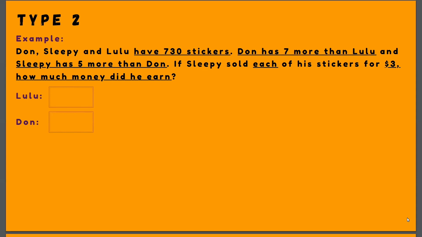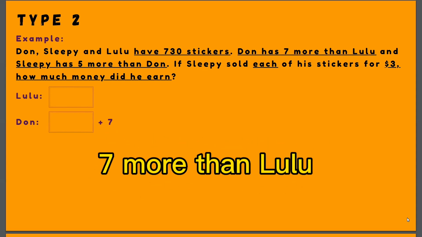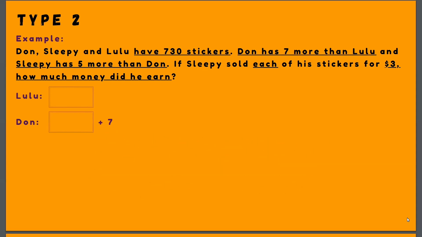We give him that empty box as well. However, he has 7 more than Lulu, right? Don had the same empty box that Lulu had, but we are giving him 7 more according to the word problem. Next, the person with the greatest share, the largest share, Sleepy.